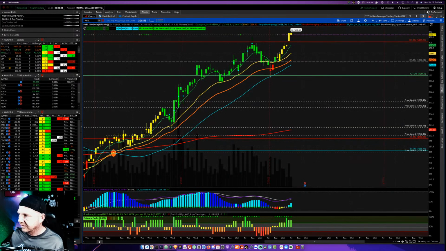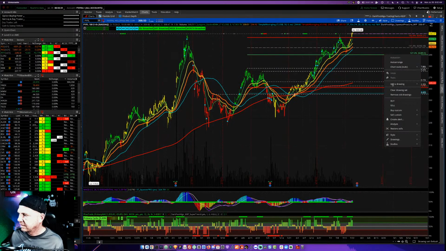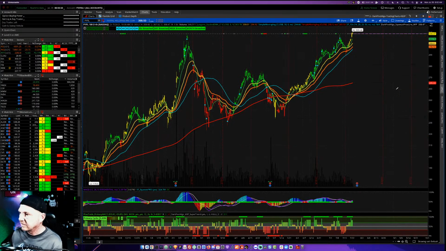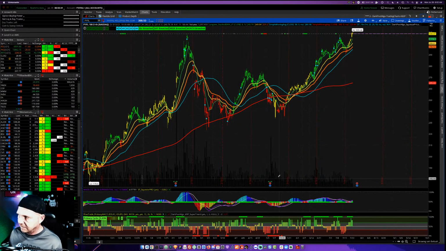And it's got a lot of support coming in. Get rid of some of these drawings. Does anybody recognize that Wu-Tang reversal pattern on the 4-hour? Down, up, down, up.